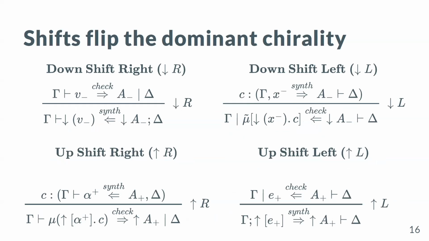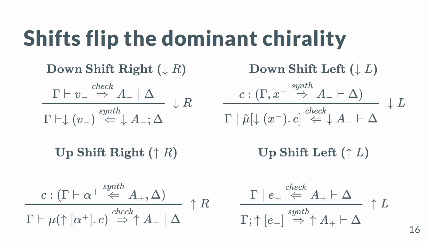So what does this mean? It means that when we're shifting a value, we're shifting a checkable value into a synthesizable co-pattern. And how we do that is we first synthesize the type of the co-pattern and then check that it's equal to the type of the value we expect.